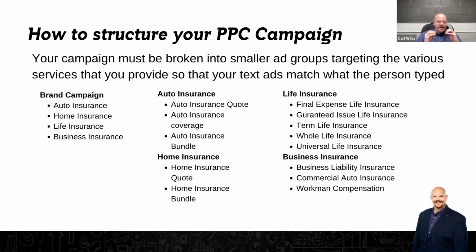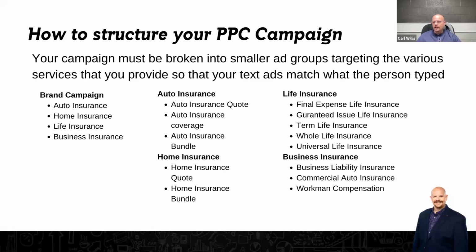But then if we're going after those specific lines of service, then we want to start to break that out. Auto insurance quote, auto insurance coverage, auto insurance bundle, auto insurance for teen drivers, auto insurance for safe drivers, wherever you want to expand that to. Home insurance the same way: home insurance quote, home insurance bundles.